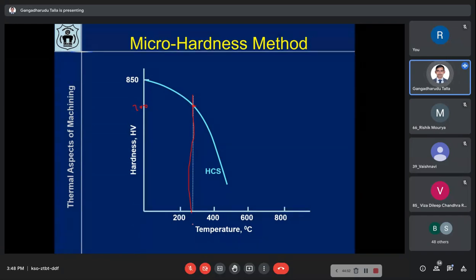So we should have this ready-made data available with us. For high carbon steel, how hardness varies with temperature, that graph is with us. Once you measure the hardness, you take that hardness, draw a vertical line and see what is the temperature.